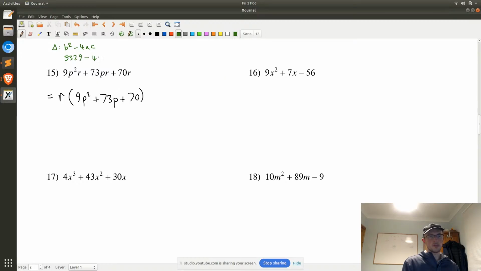And take away 4 times 9 times 70. So 36 times 7 is 2520.